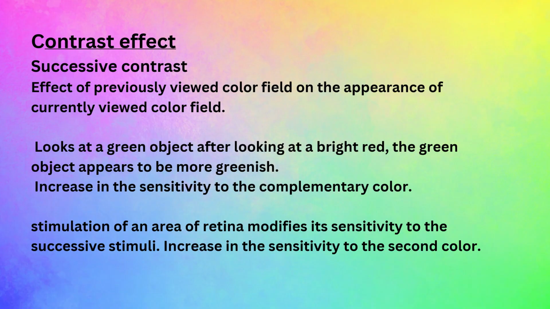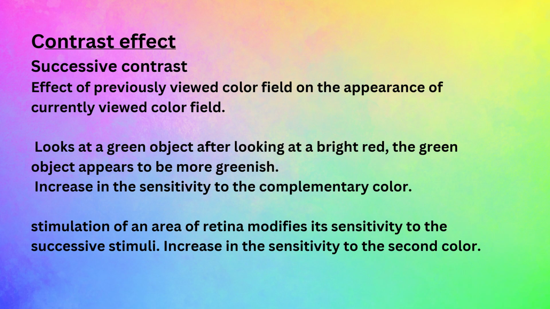Successive contrast is the effect of a previously viewed color field on the appearance of the currently viewed color field. When a person looks at a green object after looking at bright red, the green object appears more greenish.